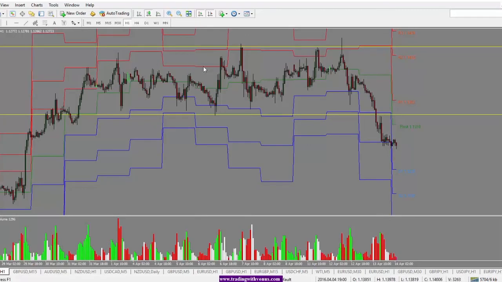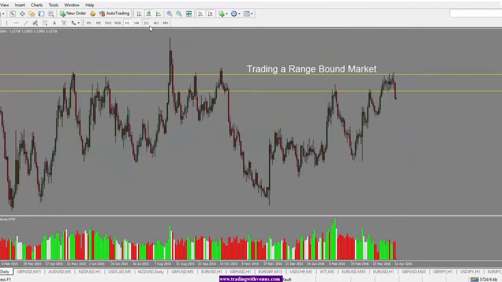And as you can see, the price has just gone sideways all this time. And now finally what happens over here is the price starts to break down. As you can see, it starts to go down here. And this is exactly what we were looking for yesterday.